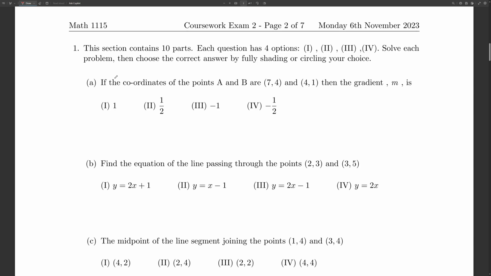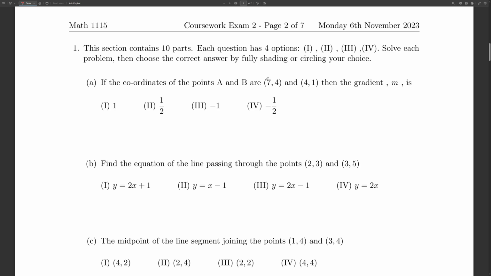So we have to shade one of these here. It says question 1 part A. If the coordinates of the points A and B are this and this, then the gradient M is what? So we have to use our formula here. These are our 2 points.